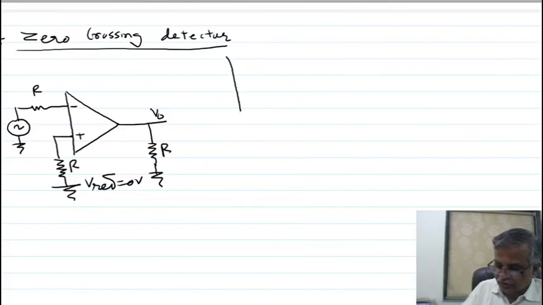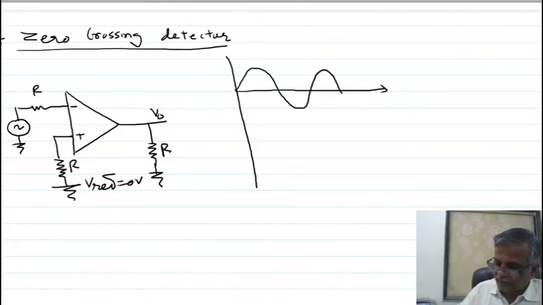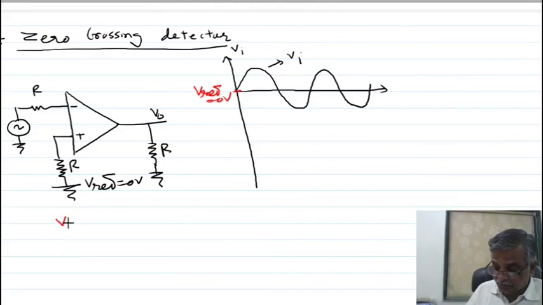So this is your input signal I am showing you. Now the input signal I am giving to the inverting terminal, and I have kept my reference voltage 0. You know the equation of the output voltage: gain into V plus minus V minus, or I can write gain into 0 minus V minus.